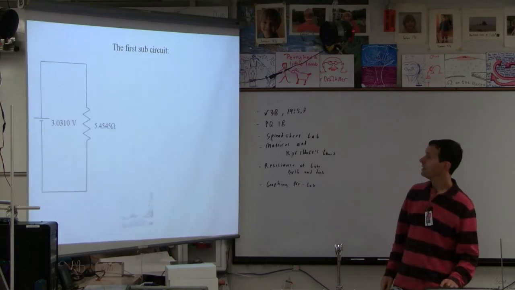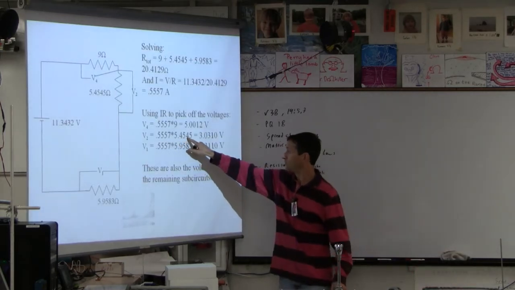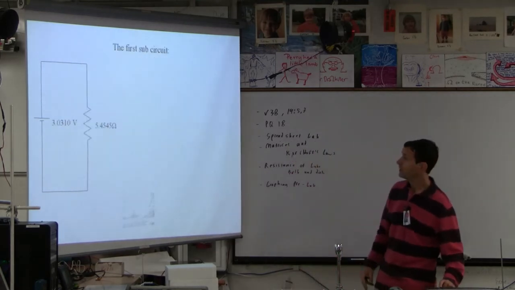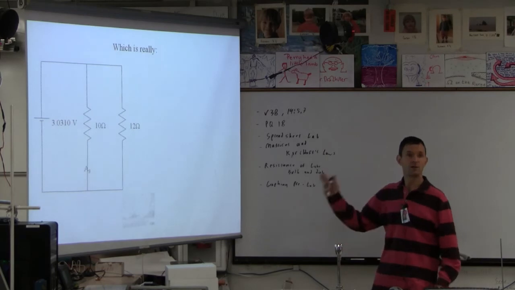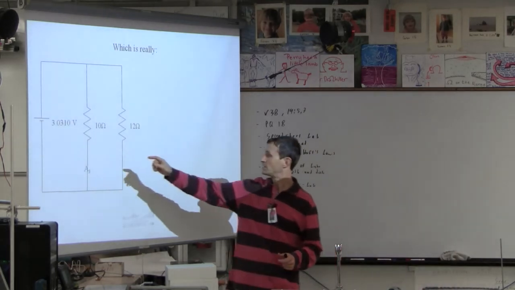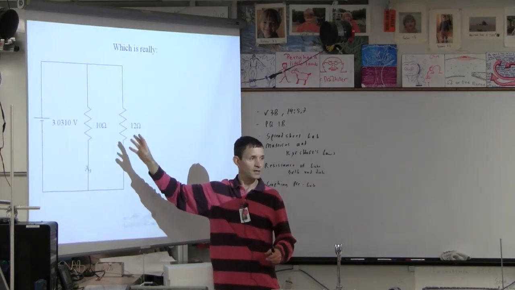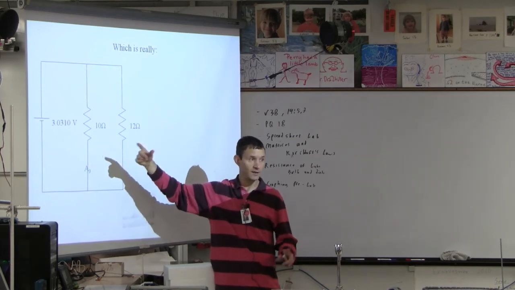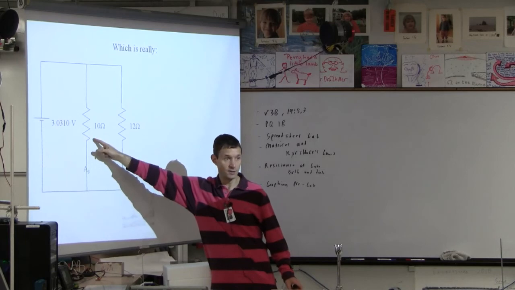Okay, so I must be doing the 5.4545, which is the 10 and the 12, right? So that's really this, yes? What kind of circuit is that? Parallel. And does this current depend on that resistor? No. Well, in the circuit it really does, but if the circuit is just this, and that's what we're pretending, it doesn't, right? This current depends only on that resistance.